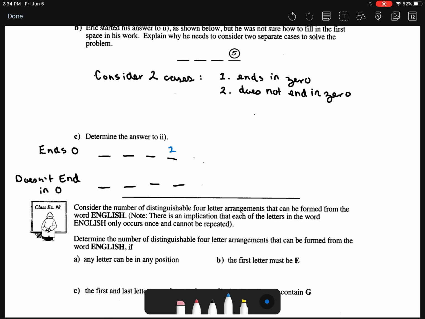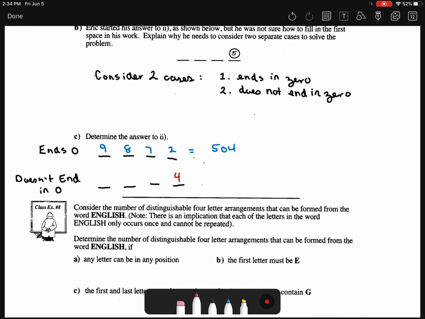So if my number ends in 0, there's only one option at the end. I'm making it end in 0, there's one option. Now, I'll have 9 choices to start my number with. Because I used 0 at the end, I have 9 other options, and then I'll have 8 choices and 7 choices. So that one's pretty straightforward. 9 times 8 times 7 times 1, that's 504.